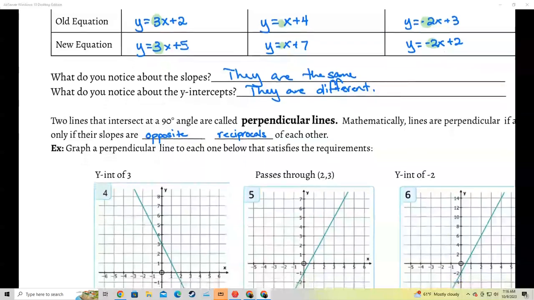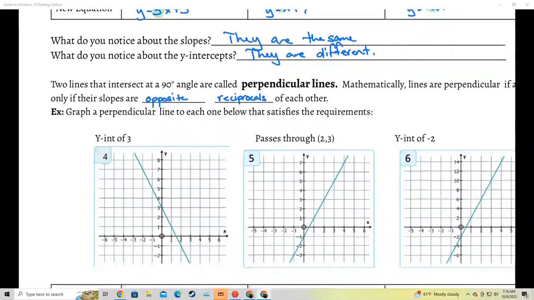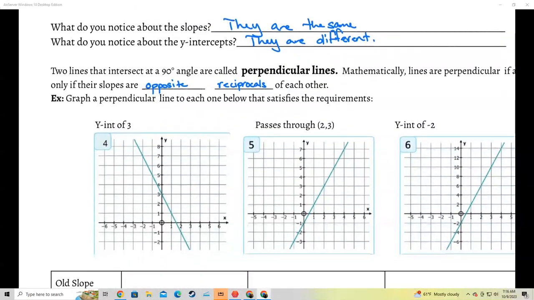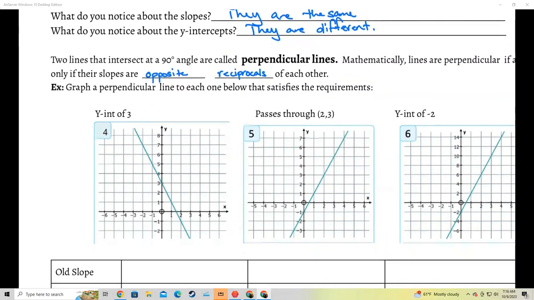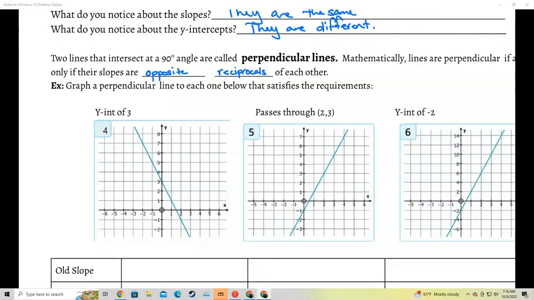So I want to graph a perpendicular line to each one of these below that satisfies the following requirements. I want this first one to be perpendicular and have a y-intercept of positive 3. So first, let's see what's happening each time. In this case, it looks like it's going down 2, right 1, so I'm going to say that my slope is negative 2 over 1.